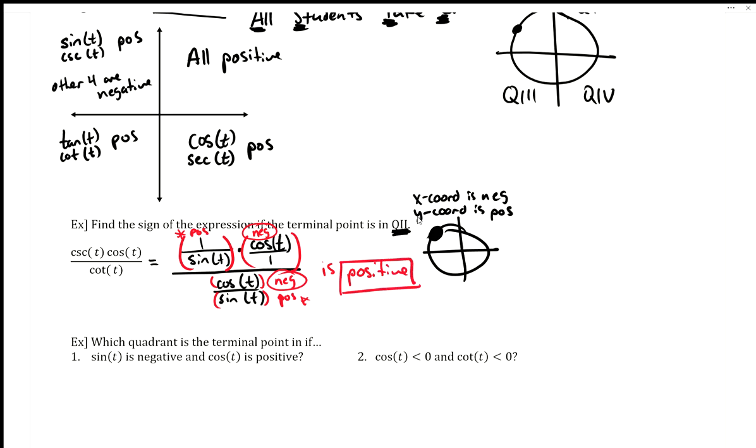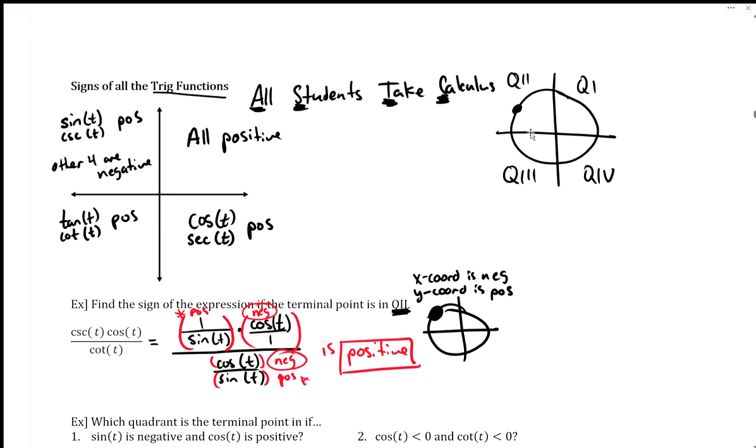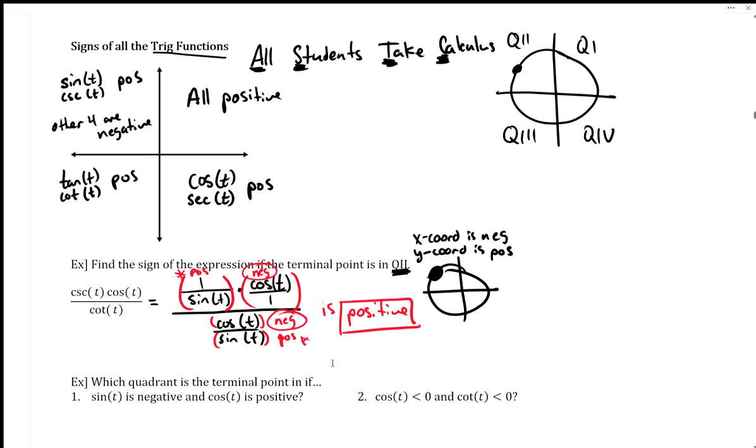Okay, so it's working with the rules for signs, so multiplying positives and negatives. Okay, so that is positive. So that was doing it with the breakdown, with drawing out the circle and just thinking about the signs. If I'm using the all students take calculus phrase, then I would say, well, if I'm in quadrant 2, I know that my sine and cosecant are the only ones that are positive.